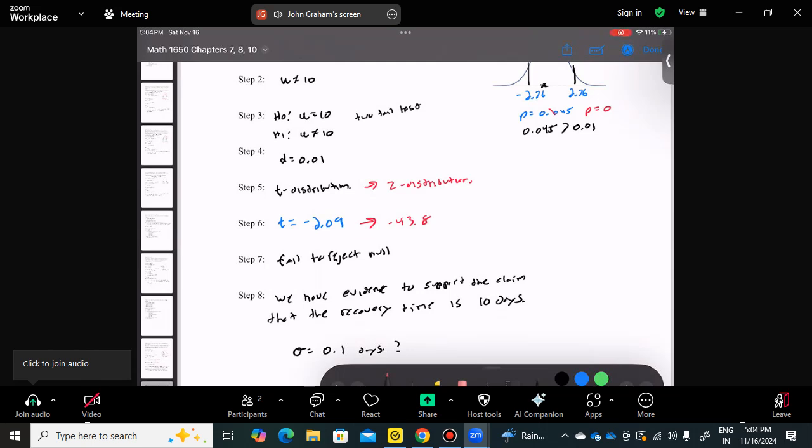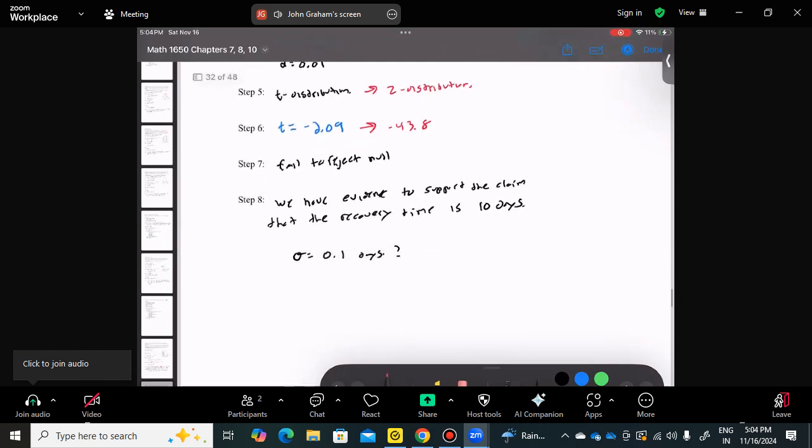So that would change our results. In this case, we would reject the null and say we do not have evidence to support the claim.